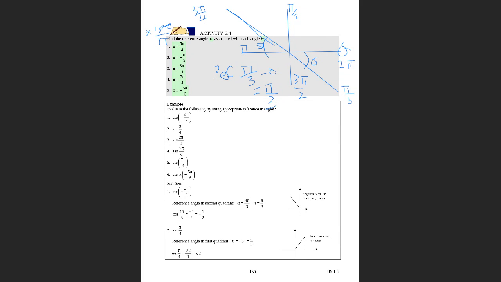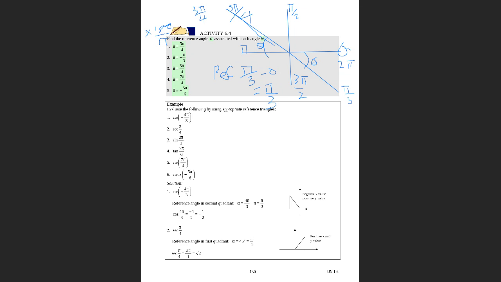So here will be 3 pi over 4. Your closest x is pi. But let's remember that this time, this pi is bigger than this 3 pi over 4.